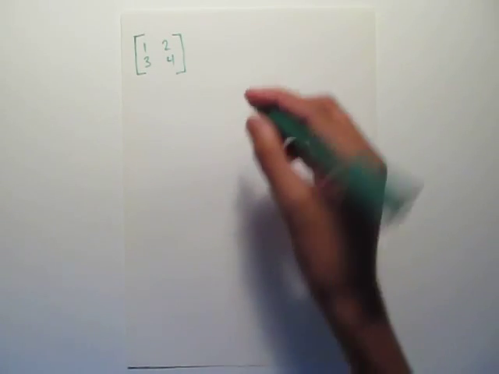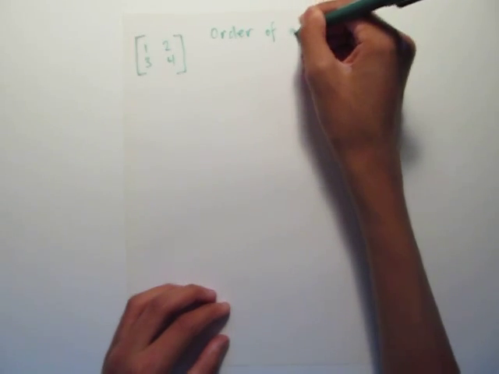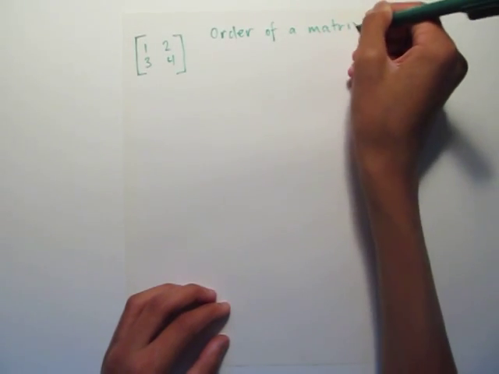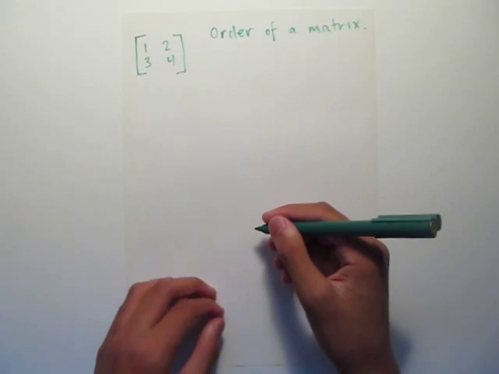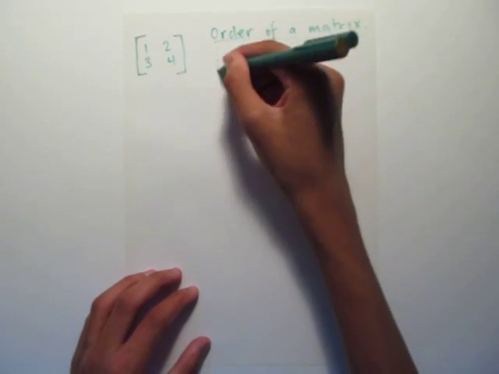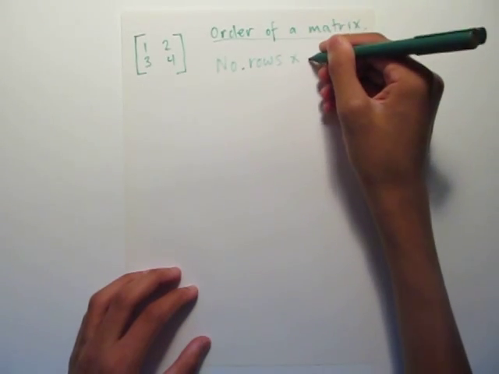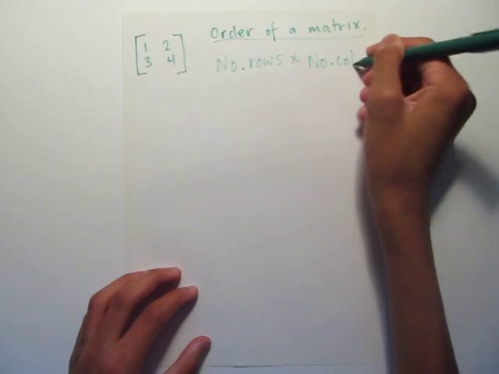Okay, order of a matrix. The order or shape of a matrix is written as number of rows times number of columns.